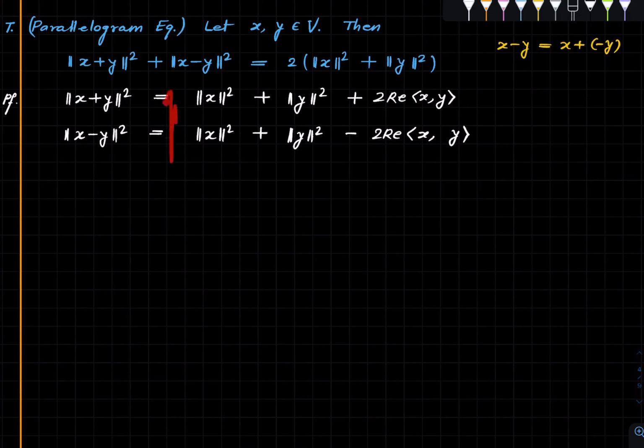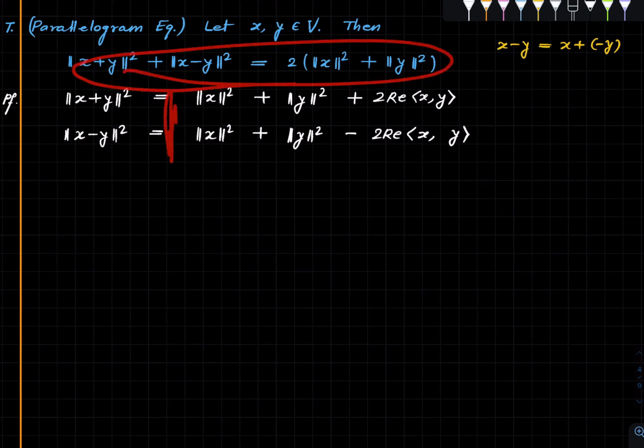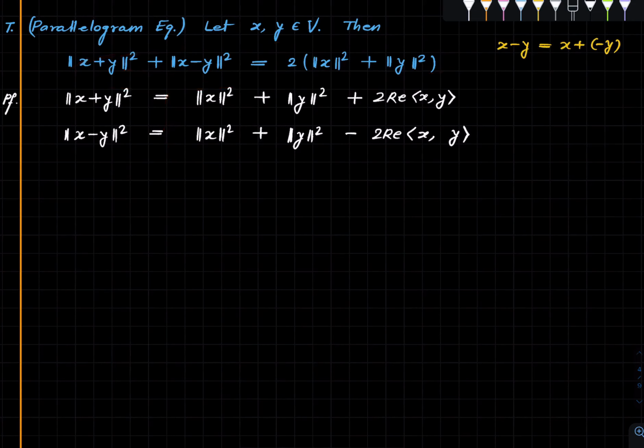If you add these two equations, you get precisely this. So this is called the parallelogram equality. And the geometric meaning is very clear. So we have two vectors, x and y. Let us complete this parallelogram.